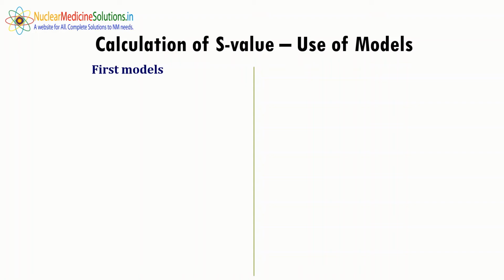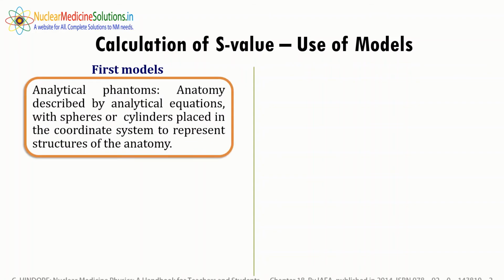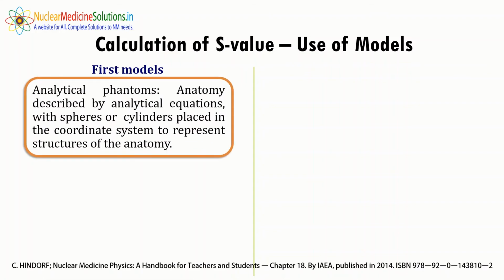So let's see what all the models were used for calculation of S value. The first models which were used were analytical phantoms, and anatomy was described by analytical equations with spheres or cylinders placed in the coordinate system to represent structure of the anatomy.